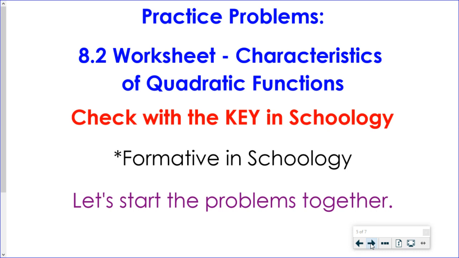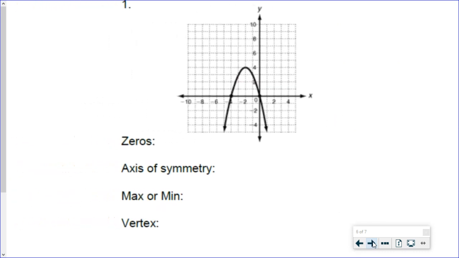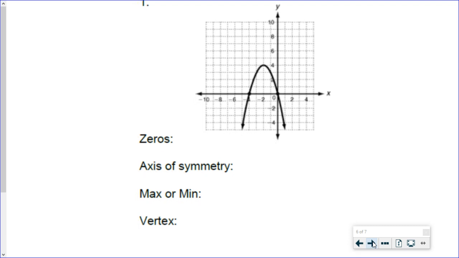Now, have the worksheet out. Let's do a problem from the worksheet. Here's number 1. First thing, where are the zeros? Here and here at -4 and 0. It's not an ordered pair, it's just a list of 2 numbers. If you want to instead write -4 and 0, do that. Now, this is a maximum.